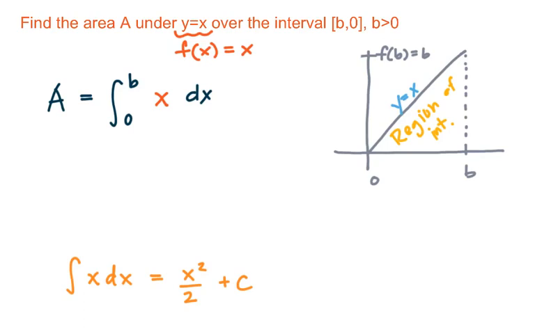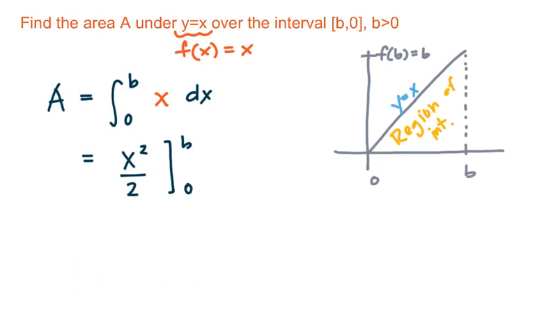So what this means for us using our definite integral notation is this becomes x squared over 2, and we can put a bracket or just a line, evaluated from b to 0. So when we're solving a definite integral, after we calculate that antiderivative, we do not need to write the plus c, and then my bounds move to the other side.